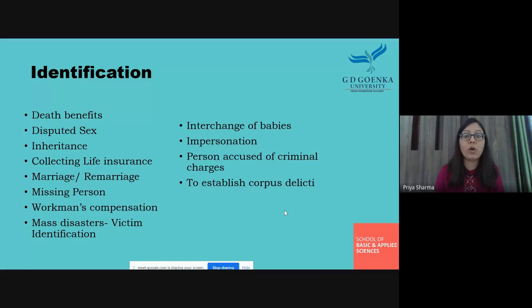Or we need to find the accused in criminal cases, or in cases of fraudulent marriages, a missing person, or mass disasters where we may get many bone fragments or body parts. In that case, we need to establish the identity of that person.